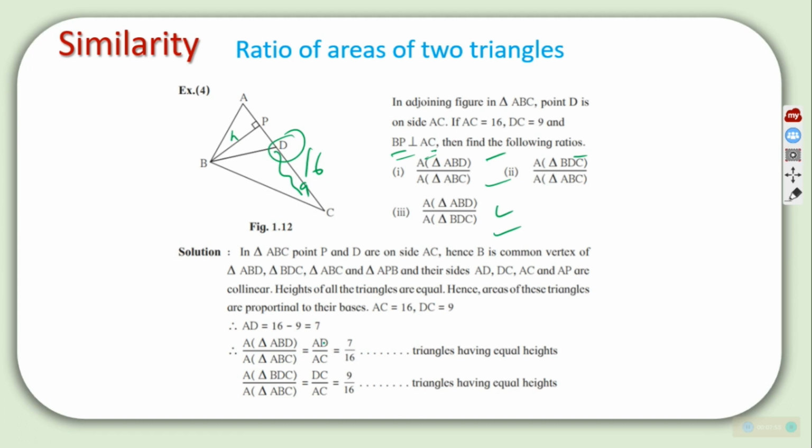Almost everything is given, and the only thing you should understand is that the point P and D are on the same side, so the common vertex is there, so the height of all the triangles is equal, that is the height is BP. So the height is equal, and we have to compare the bases in all these cases, and you will get the answer.